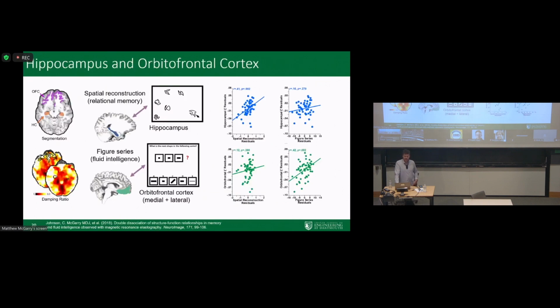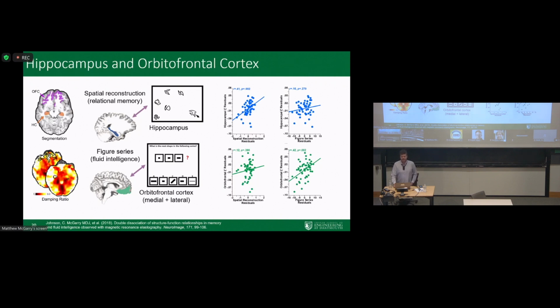The gold standard in these structure-function tests is called a double dissociation. That's when you take two different structures which have different associated functions, and then you show that whatever you're measuring is sensitive to the function of a particular structure, but not sensitive to the other function.